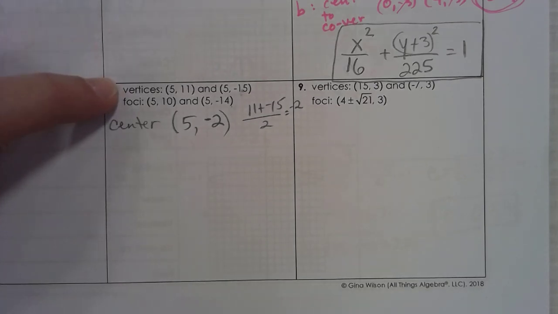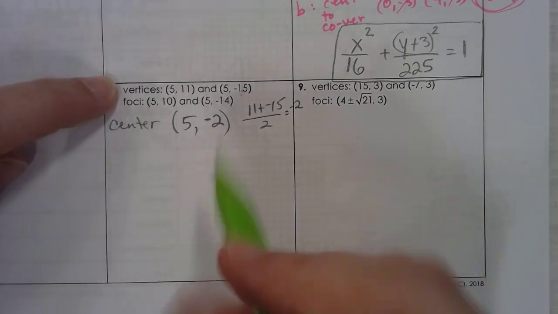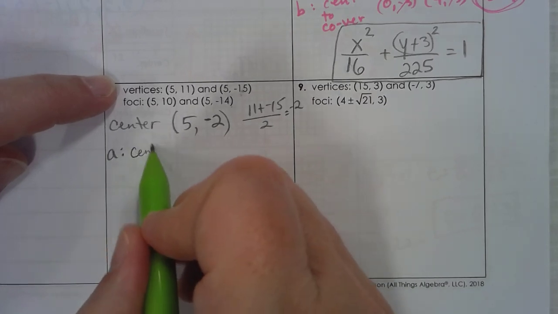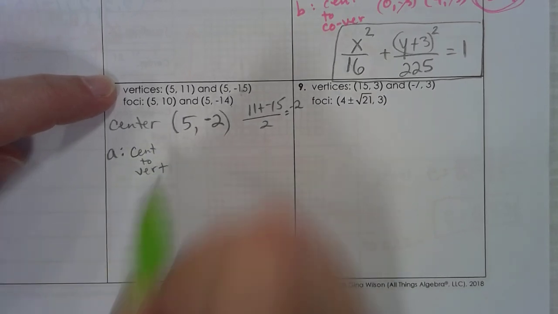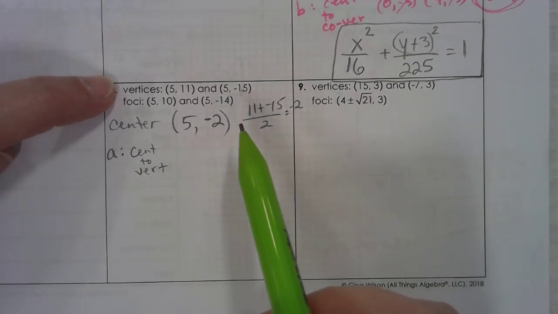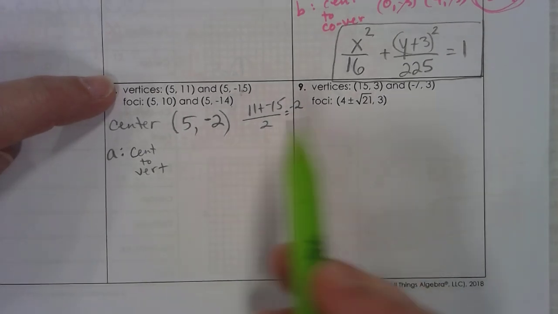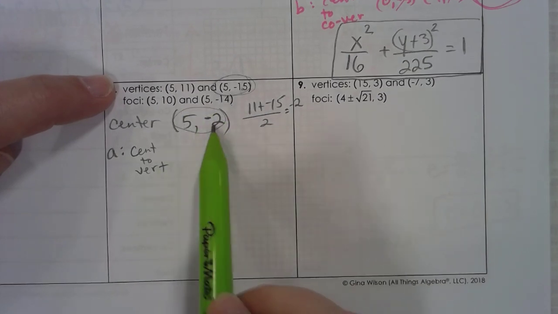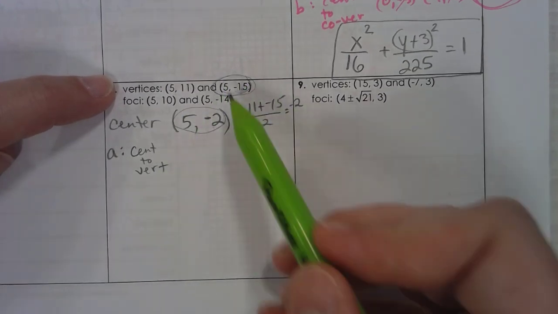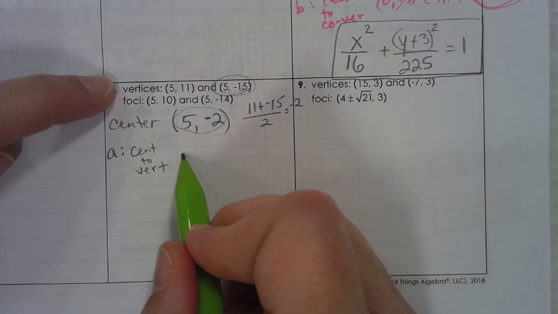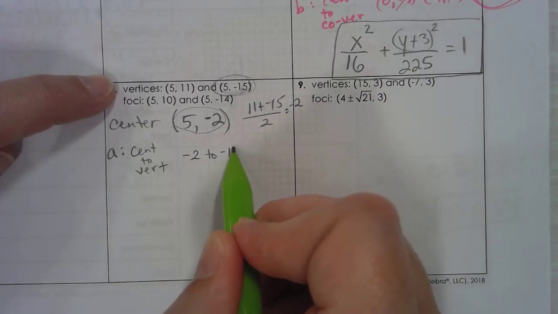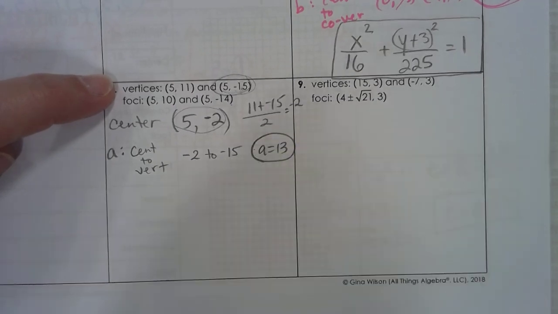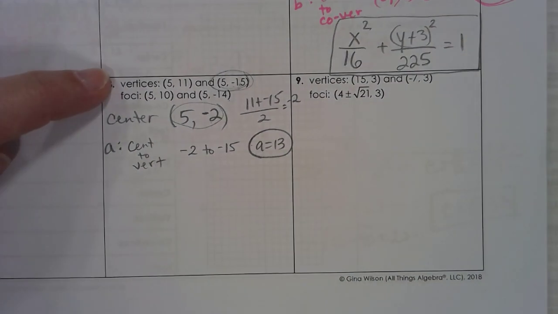Vertices gives us A. So we're going to use A from the center to one of our vertices. Pick one, I'll pick the -15 this time. How far from 5, -2 to 5, -15? Again, I don't care about the 5s, so how far from -2 to -15? 13, because they're both negative, so just subtract the numbers.